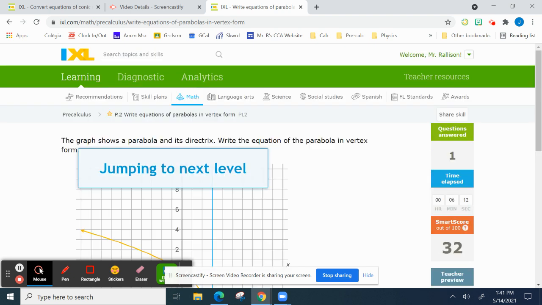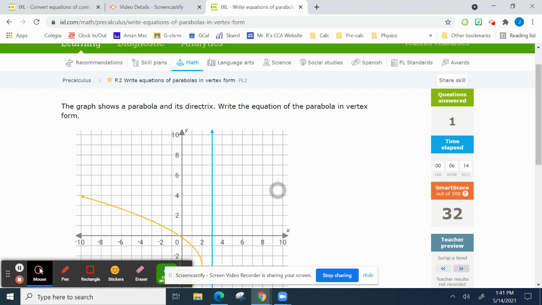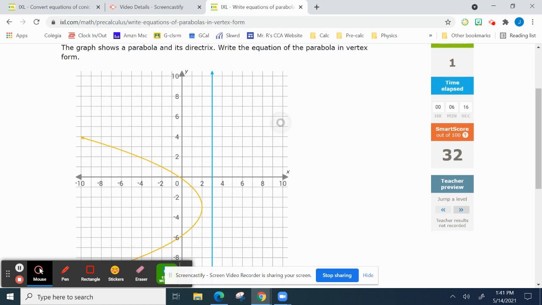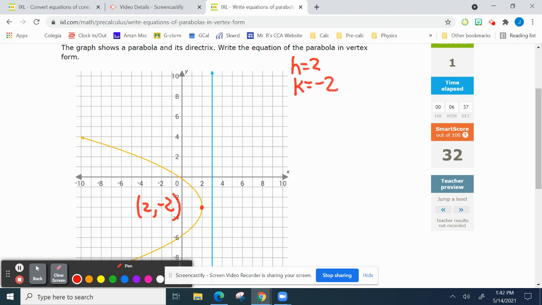Okay, so I'm going to skip a level. This graph shows a parabola and its directrix. Write the equation. We're just going to look for what we know, and I'm going to work a little quicker now. That's our center, 2 comma negative 2. So h equals 2 and k equals negative 2. Now all we need to do is find a, so we look for c.